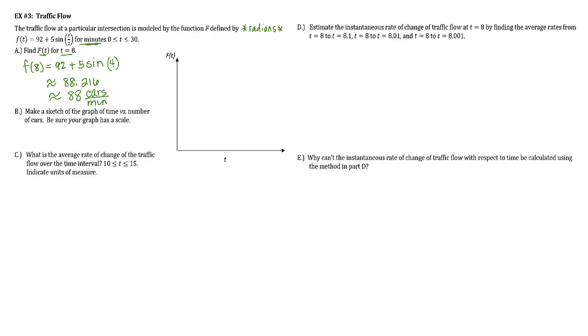I would suggest us starting, let's see, this right here, our amplitude. So at 92, I would think we would need to start at somewhere around 80, and we could go up by maybe 10, so that's going to be 90, and up just a little bit more, let's put that at 100.